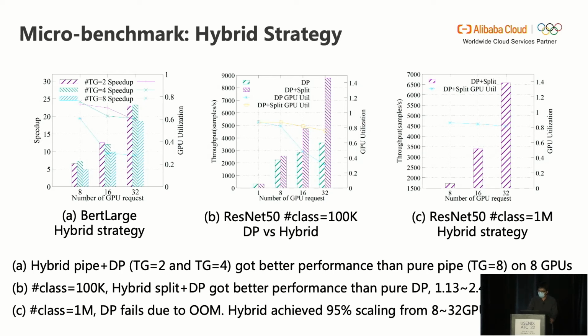With hybrid parallelism, Whale allows for the training of an image classification task with 1 million classes. The right figure shows the performance of hybrid parallelism. The training throughput from 8 GPUs to 32 GPUs achieved 95% scaling efficiency.